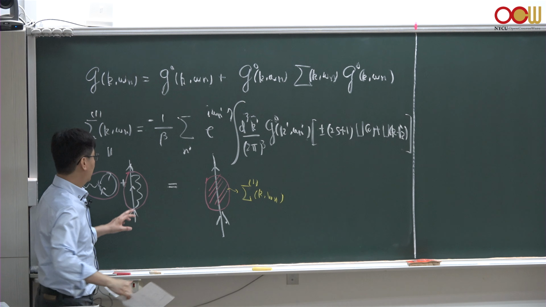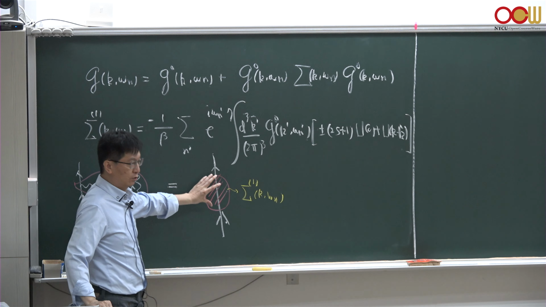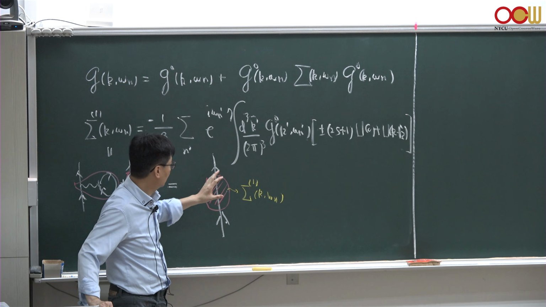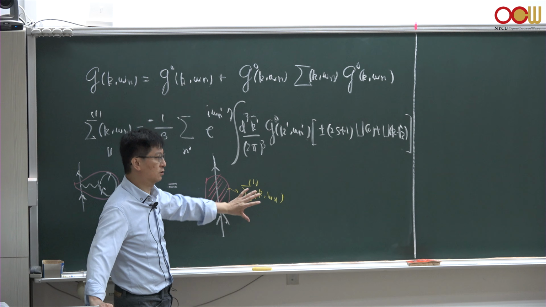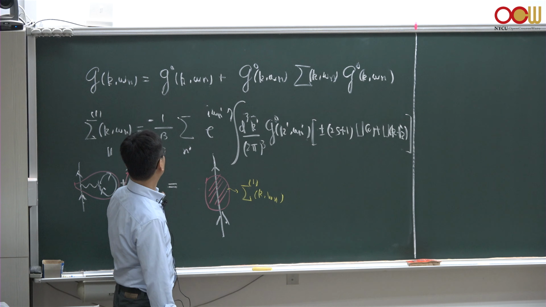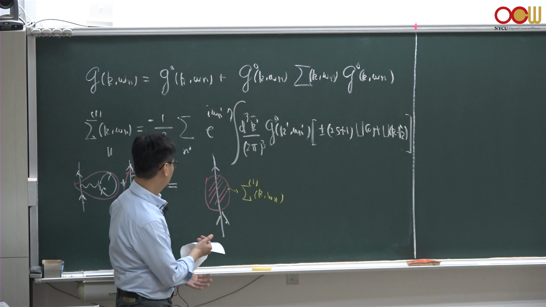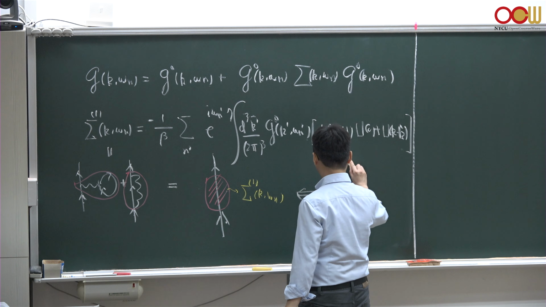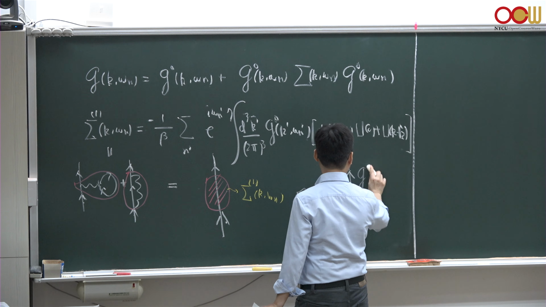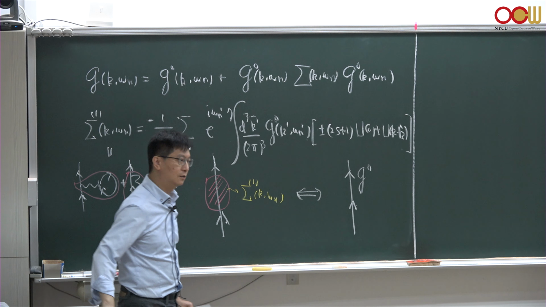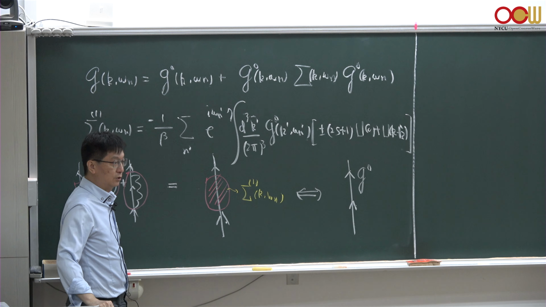Okay? Because this is something in between this bare propagator, G0, and G0 right here. So if I simply remove this red oval and recover G0, if there's no such self-energy corrections, you simply have this bare propagator, or zeroth order Green's function.